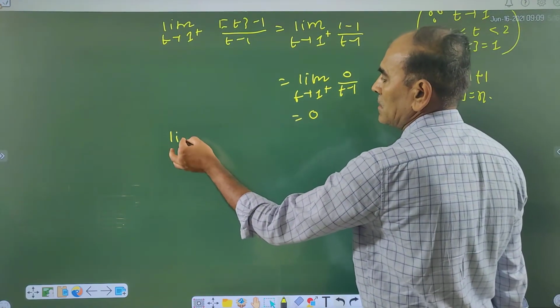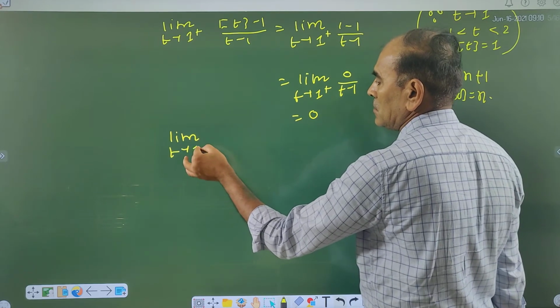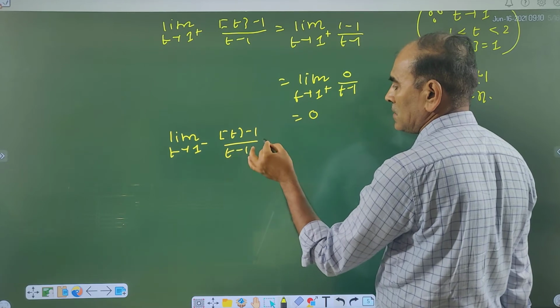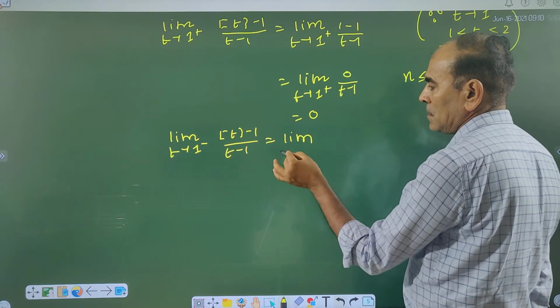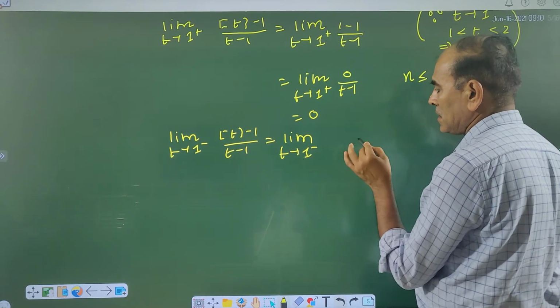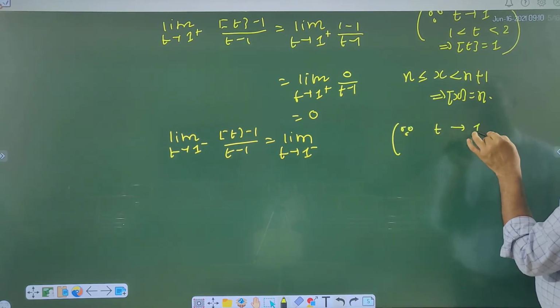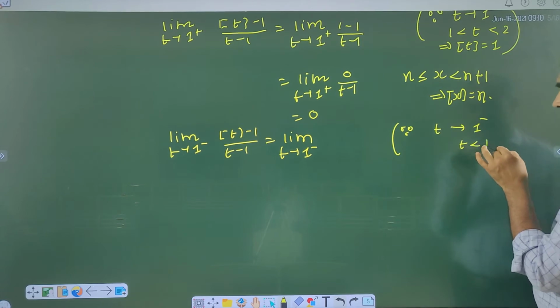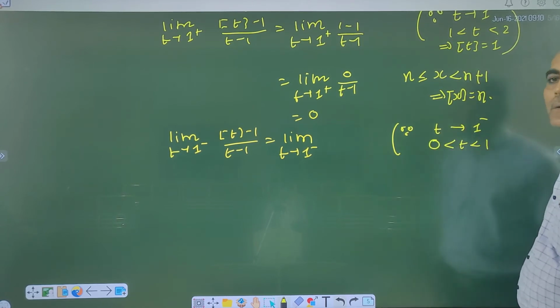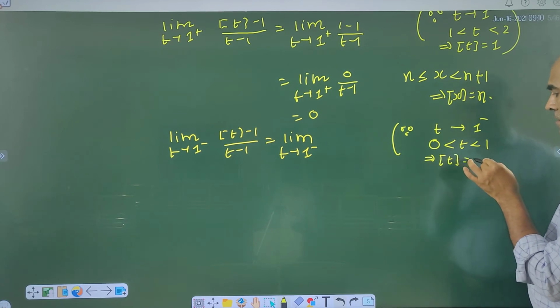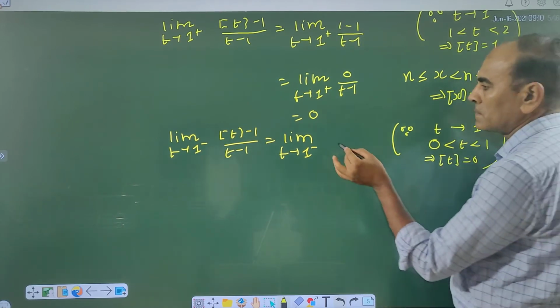Now start the left hand limit: limit t tends to 1 minus of integer part t minus 1 over t minus 1. Give the reason: t tends to 1 minus means t is less than 1, so there should be integer 0. So what is integer part t? That is equal to 0.